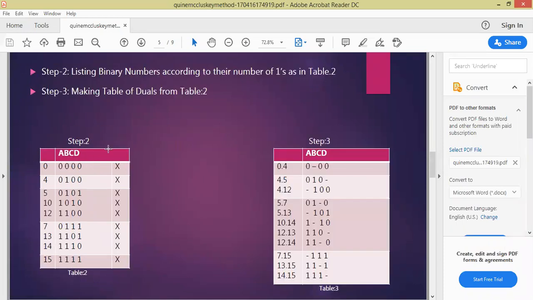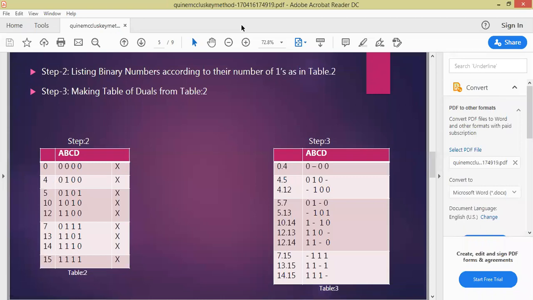In table 2, we have grouped the numbers with respect to the number of ones in them. If we consider 0, there are zero ones, so it is grouped in one group. If we have one 1, then we have only one number, that is 4, so it is in the second group.